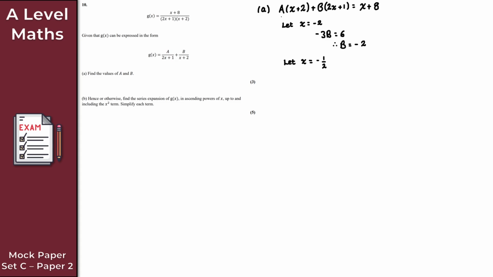So I get minus a half plus 2, so that's 3 over 2. We get 3 over 2 a is equal to, so minus a half plus 8, that is 15 over 2. So 15 over 2 divided by 3 over 2. In that case, what do we get for a? Therefore a is equal to 5.